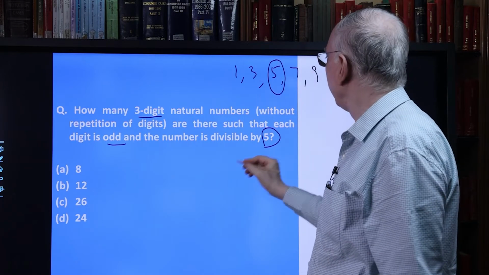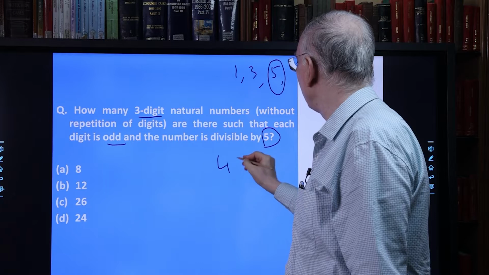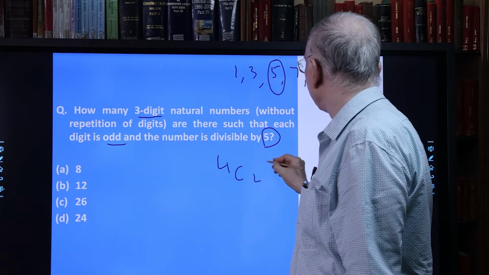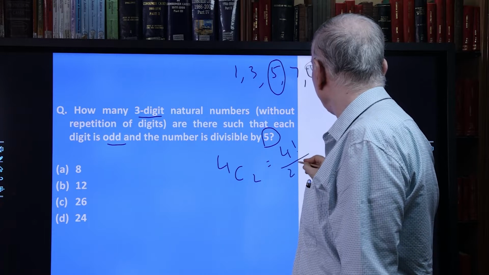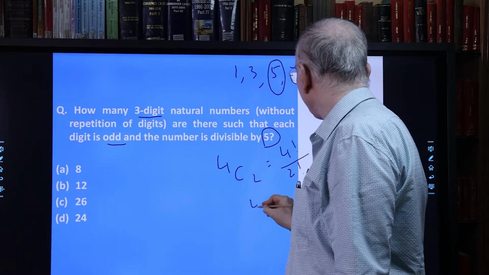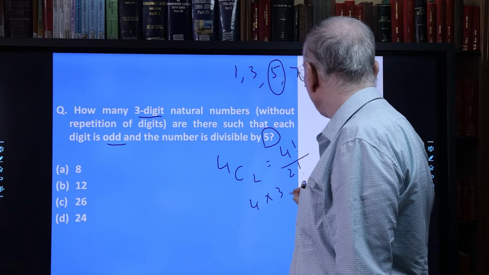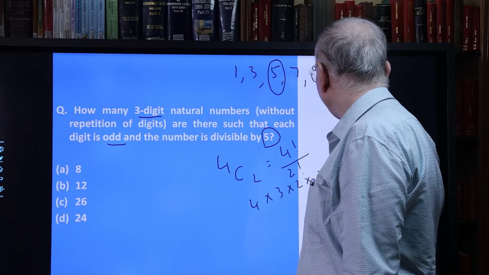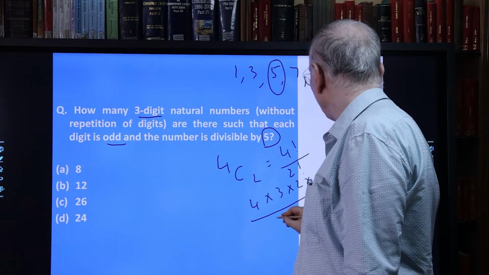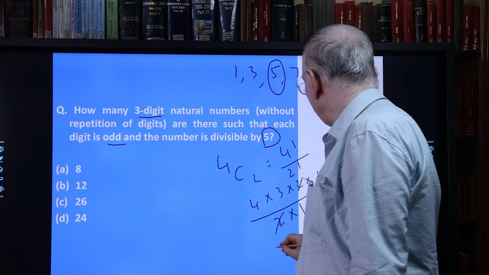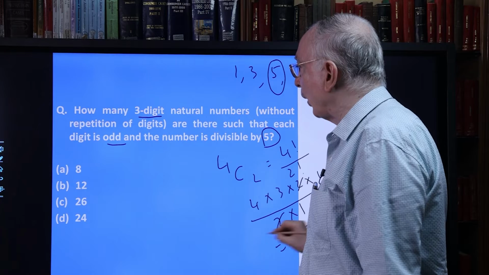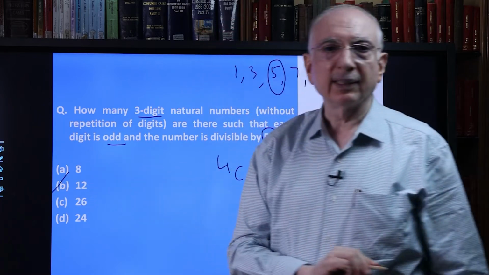The remaining 4 numbers can be arranged in 4C2 ways. That means factorial 4 upon factorial 2, that means 4 into 3 into 2 into 1 divided by 2 into 1. So this cancels out. The answer will be 12. Therefore, option B is the correct answer.